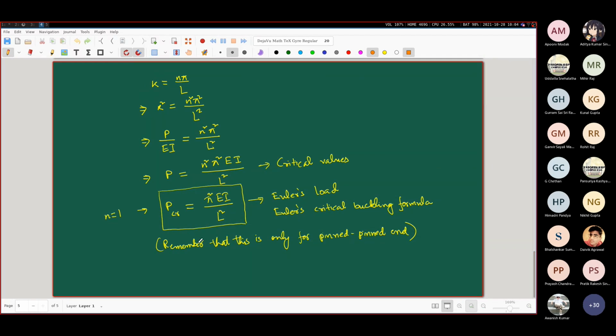This naturally brings us to the question: what will be the formula for situations where the boundary conditions are not pinned, but something else? That will be the topic of discussion for today's class.